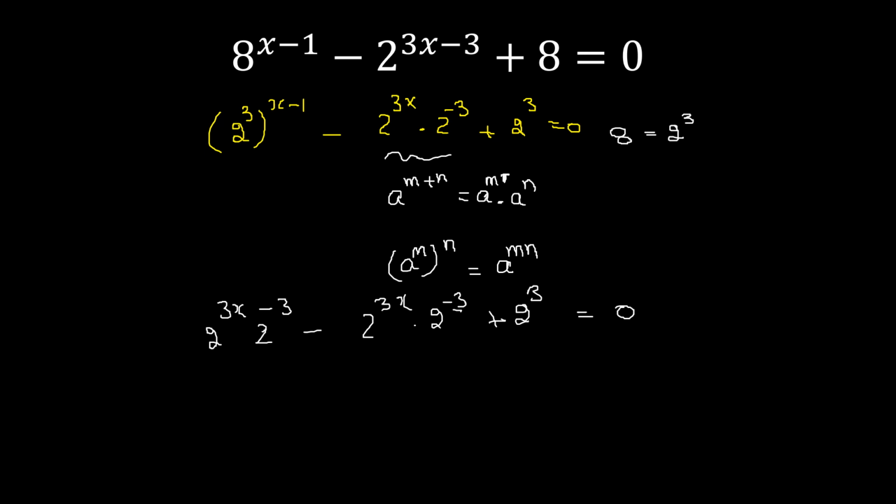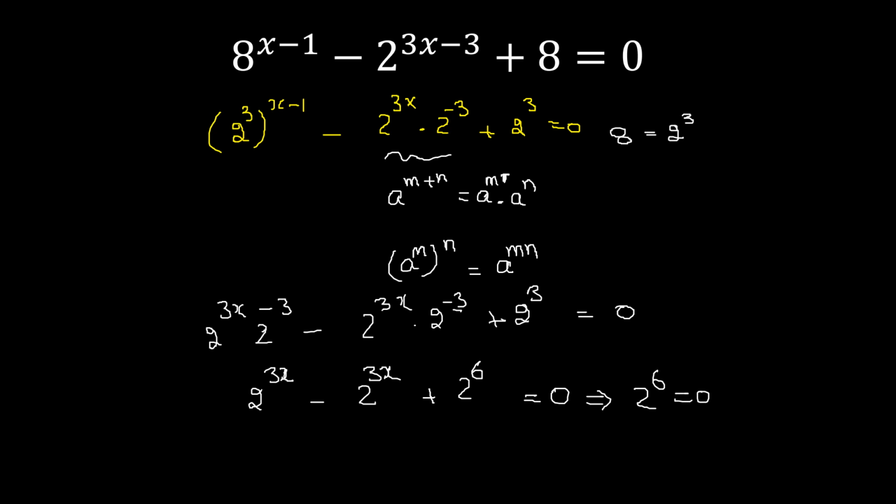So now you can see what is happening here. You can multiply 2 raised to power minus 3 to the whole equation and you will get 2 raised to power 3x minus 2 raised to power 3x, and here that will make 2 raised to power 6 equals 0.